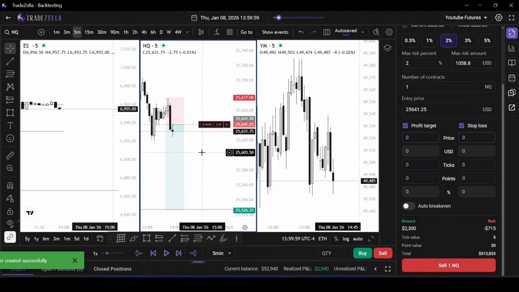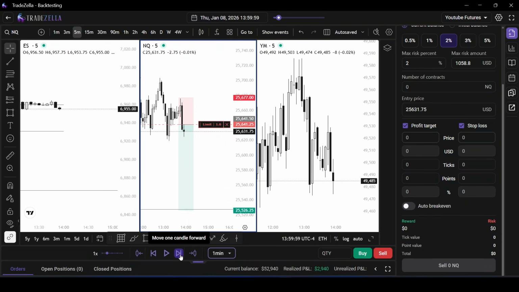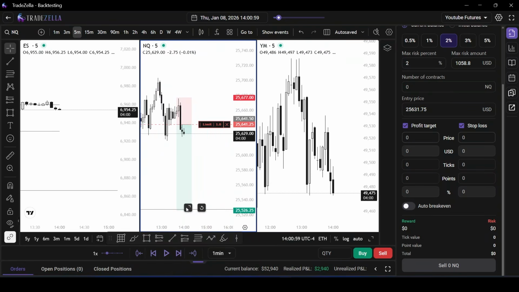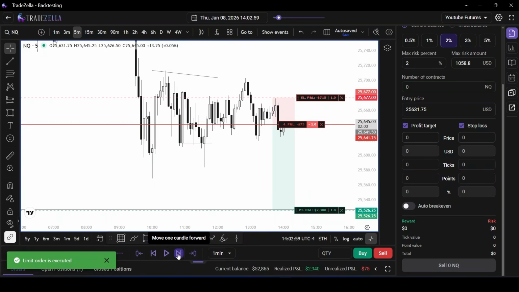Don't know why this asset is not letting me reach 1%. So let's see how that's working out. So we get tagged in.